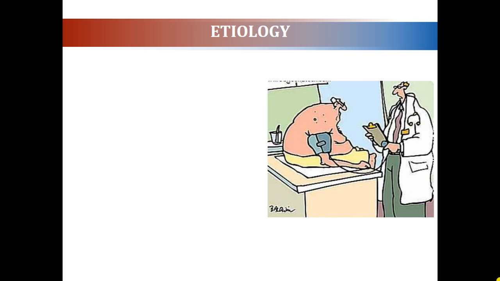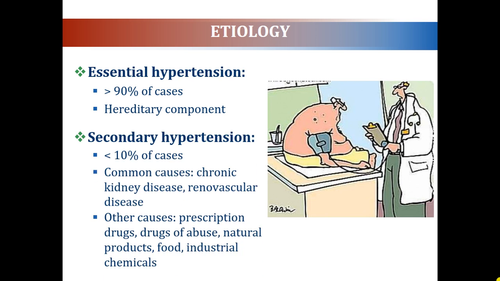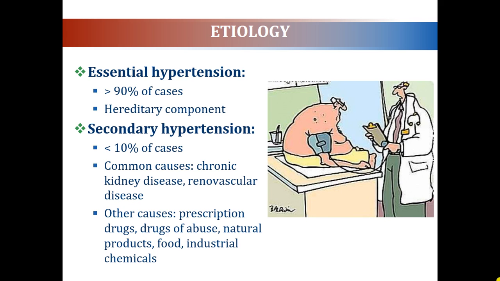First, we have to try to evaluate the etiology of the hypertension. Hypertension is of two varieties. First is essential hypertension, which happens in more than 90% of cases, where hereditary and lifestyle related causes are most important. And there is secondary hypertension, which accounts for less than 10% of cases.